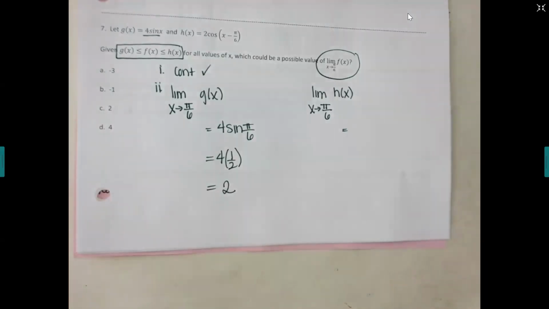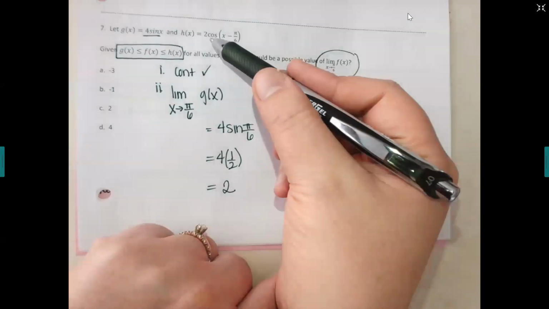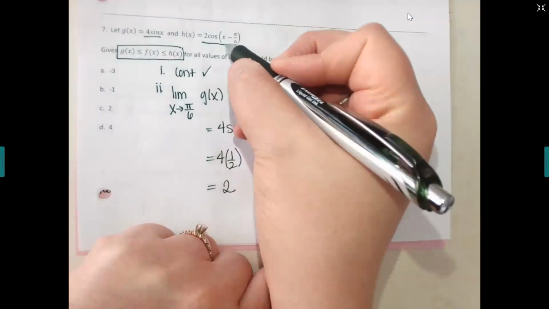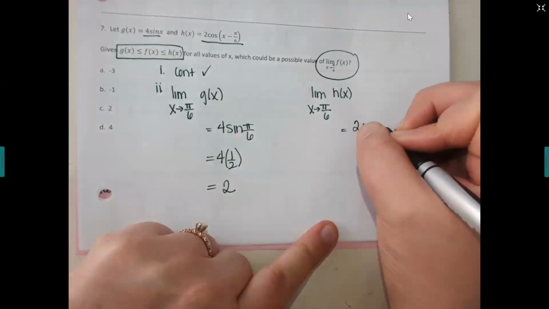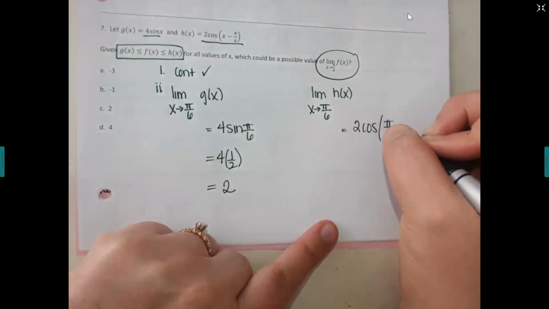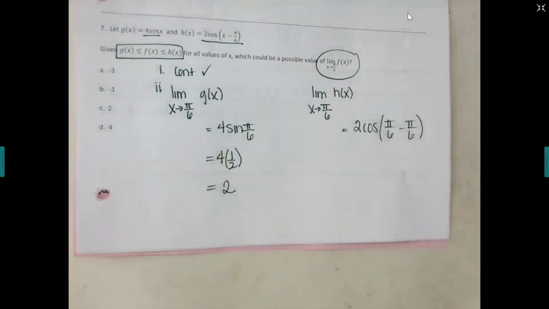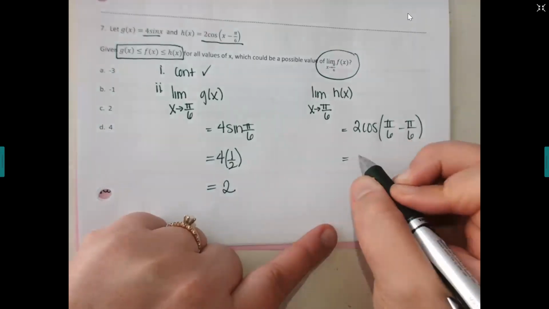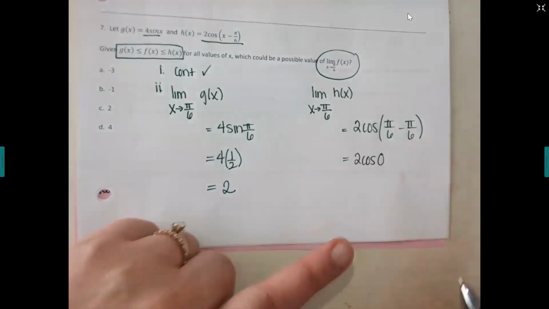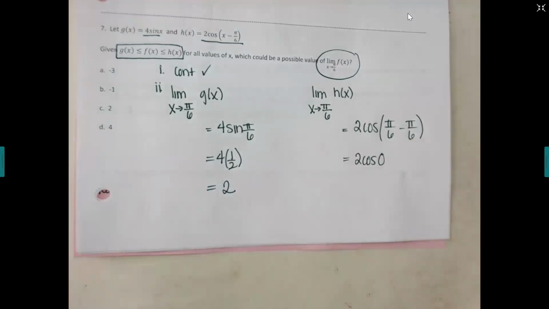Now we're going to go to our H equation. We're going to plug in our pi over 6. So it's 2 cosine, I'm reading from right here, 2 cosine of pi over 6 minus pi over 6. What's going to happen when I do pi over 6 minus pi over 6? 2 cosine 0. And then remember, 0 is your pinky, but your cosine fingers are up.